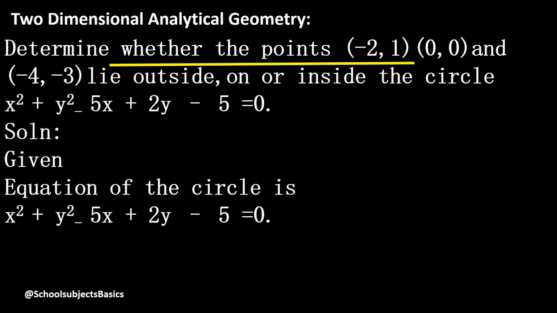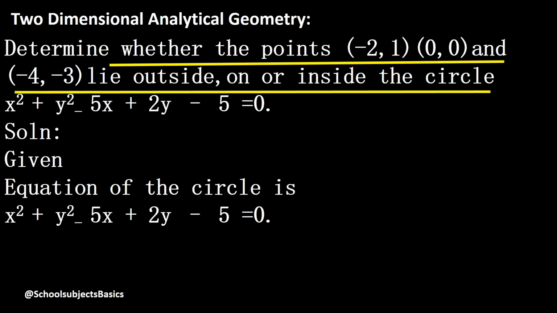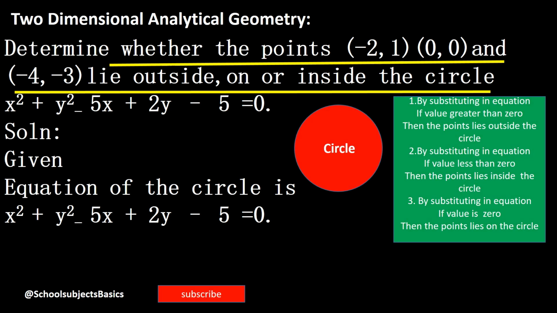Next, we have to determine whether the points are lying inside the circle, on the circle or outside the circle. Before going into the answer, first we will understand the 3 cases. If we substitute the point in the equation and get a value greater than 0, it lies outside the circle.